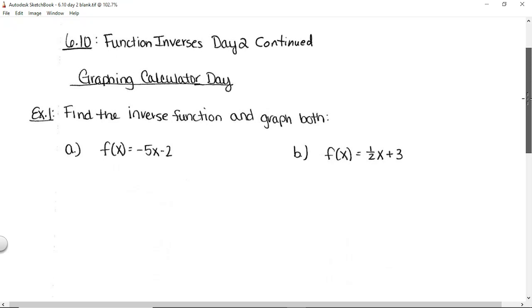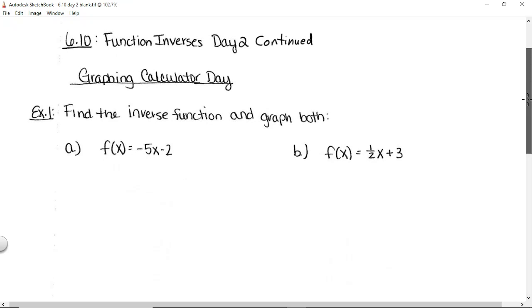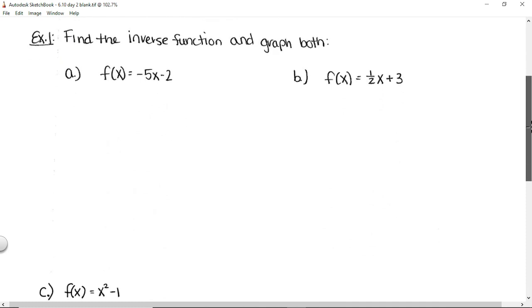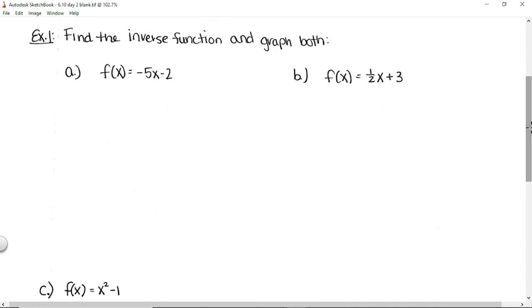And we're going to graph, in each case, the function and its inverse. So let's look at the first one. f of x equals negative 5x minus 2.